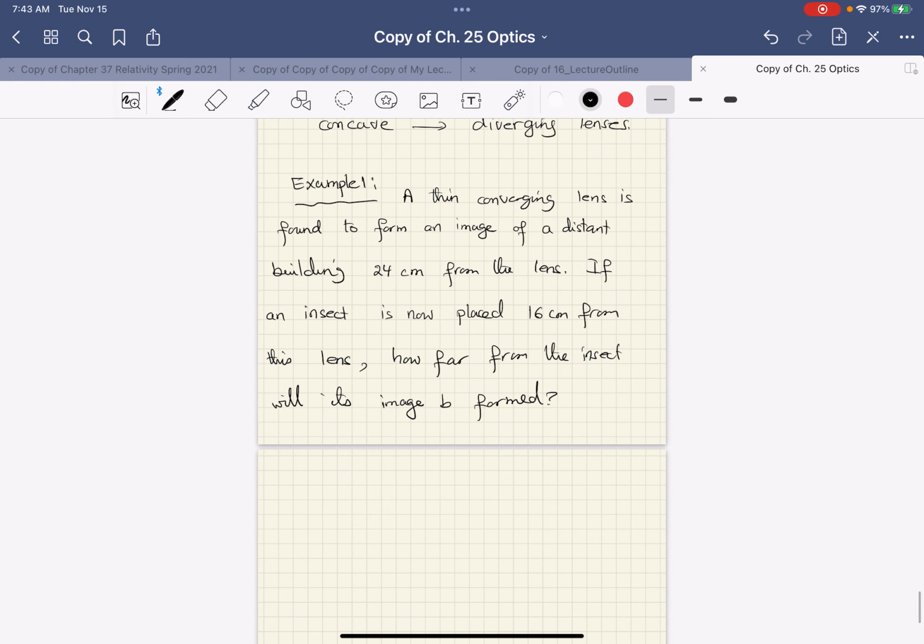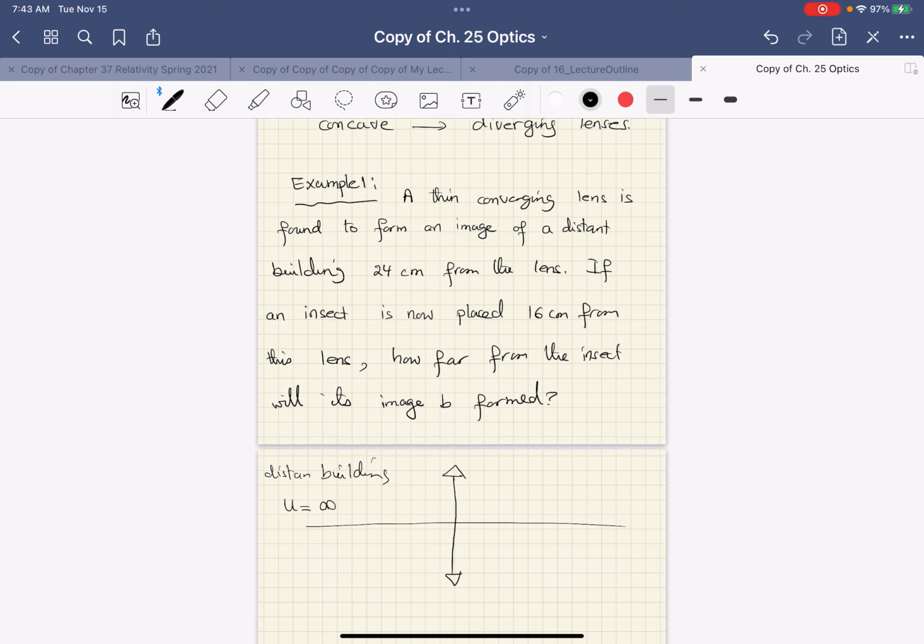Now here, let's say this is my lens. The light is coming from very far. This is a distant building, so my U is kind of infinity.